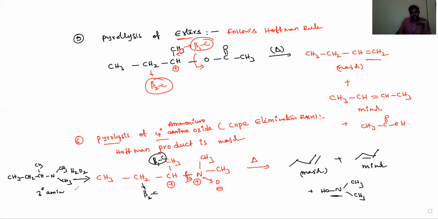The tertiary amine is treated with H2O2, hydrogen peroxide, to form the tertiary amine oxide. On heating, the reaction product is the less substituted alkene as the major product, meaning it follows the Hoffman rule, and this reaction is known as the Cope elimination reaction.